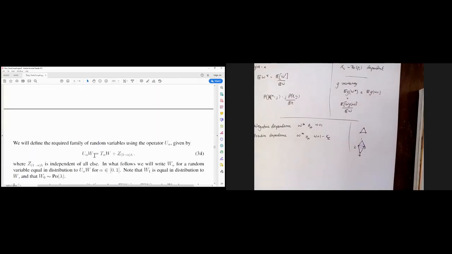Okay? So for any number alpha between 0 and 1, I'm going to thin my W by parameter alpha. So what does that mean? It means I'm going to take a sum of W independent Bernoulli random variables, each with parameter alpha.